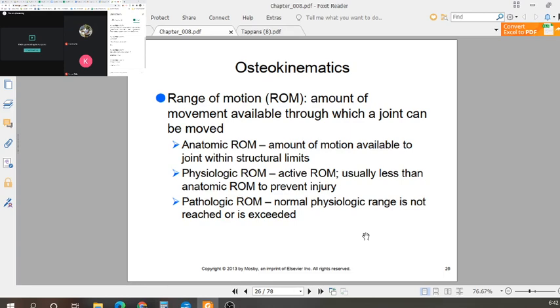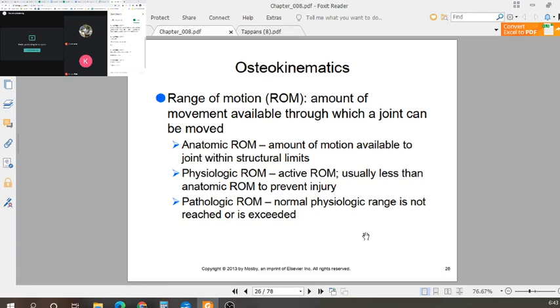Okay, it mentions a couple things about the movement types. Physiologic range of motion is active range of motion, what someone can do when they're doing the movement.